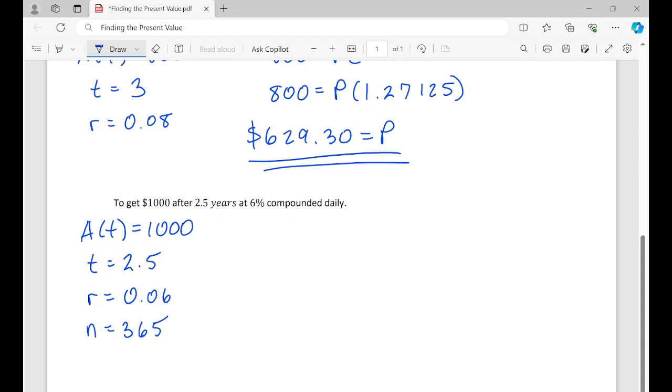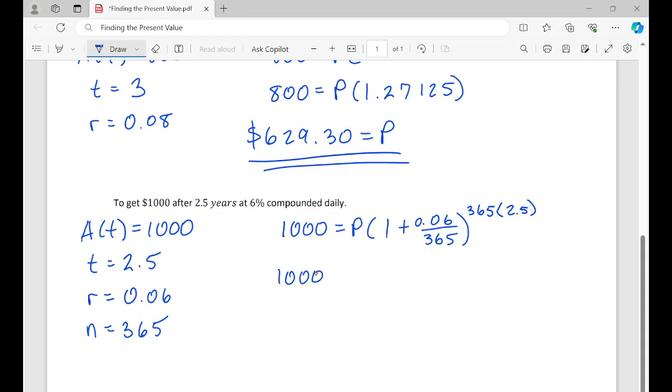Now that we have everything we need that is given in the question, we can plug it into our formula to solve for P. So 1,000 equals P times 1 plus 0.06 over 365 raised to the 365 times 2.5. Again, I would like to do everything that's within the parentheses raised to the exponent just to have a simpler number to write.